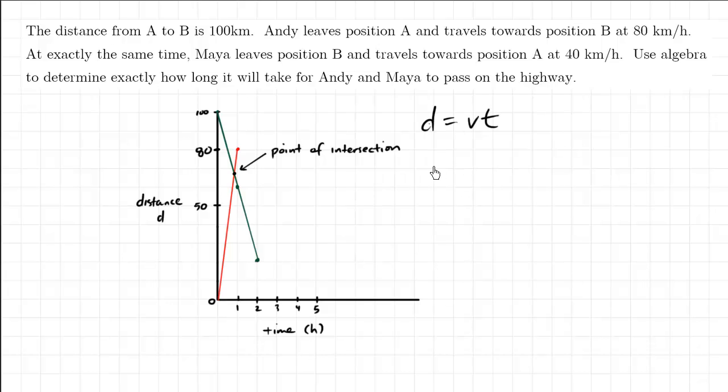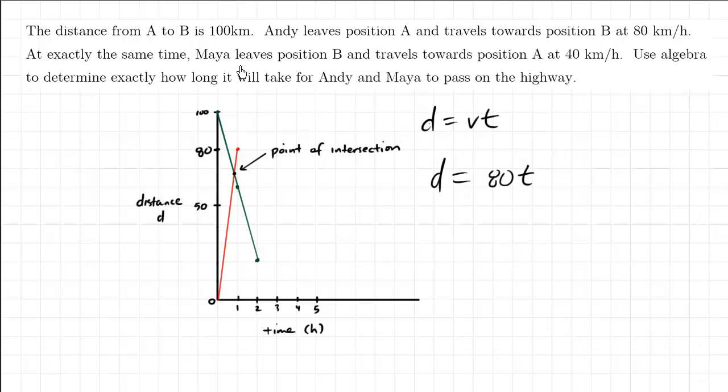But what are our two key line equations? Well, we can do Andy's line here in red. We can see this is simply distance equals the velocity here is 80, and then the y-intercept would be plus 0, since we're just starting here. So 80t would be the first line equation.